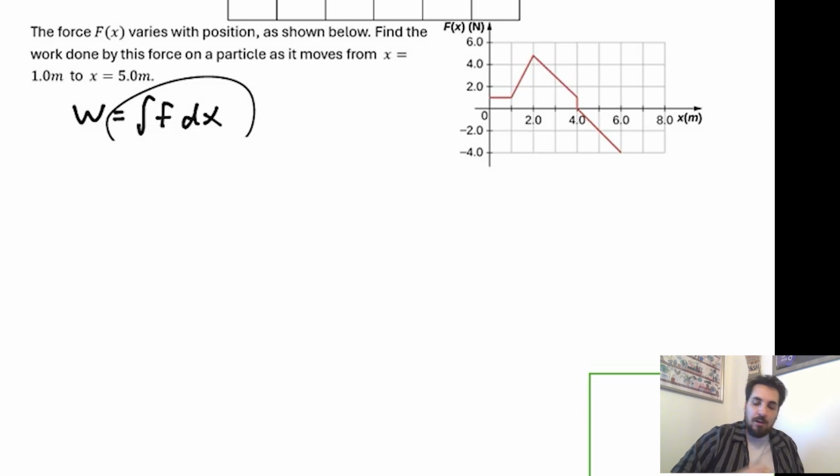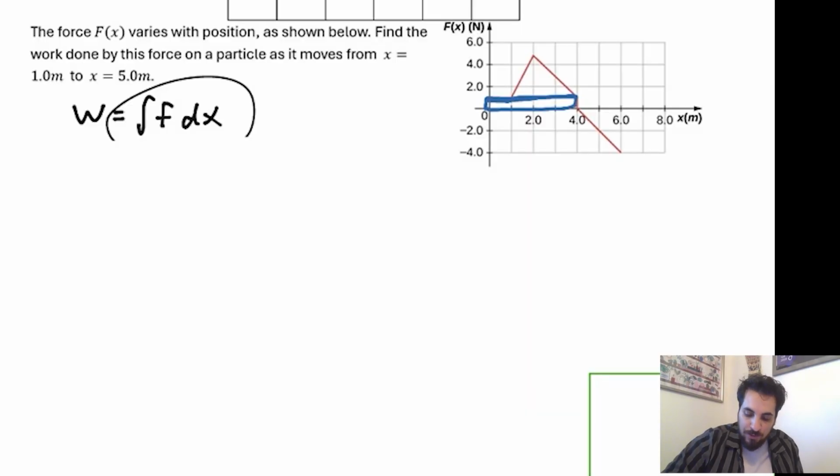So we go back and we say, okay, how do I find the area under the curve? That's purely a geometric problem. We can envision this curve as being made up of separate shapes, and I'm going to outline first this blue shape. That blue shape is a rectangle. We know how to find the area of a rectangle. It's base times height.